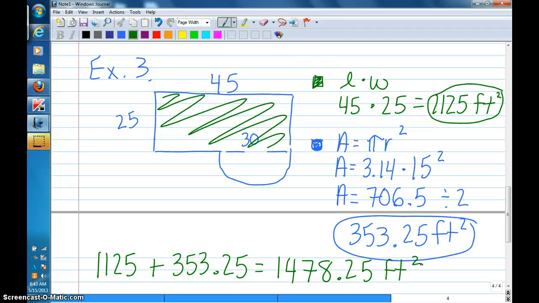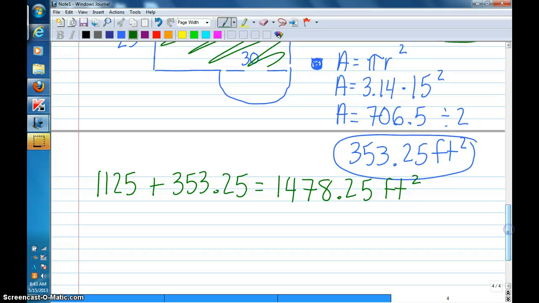It says a pound of grass seed covers 675 feet. So I need to figure out how many bags I need. So I'm going to divide that by 675. It comes out to 2.19 for that. So again, if I bought 2 bags, that would not be enough.